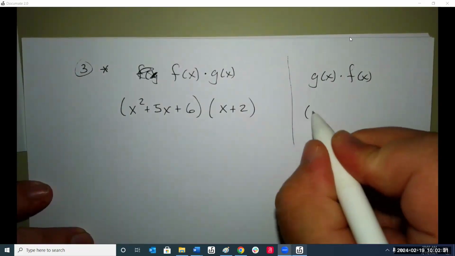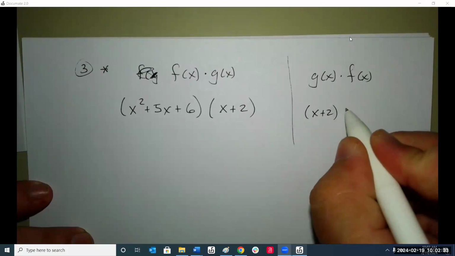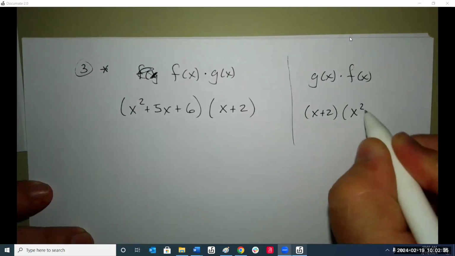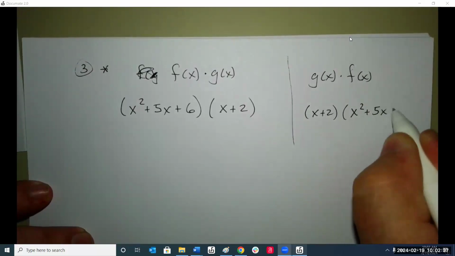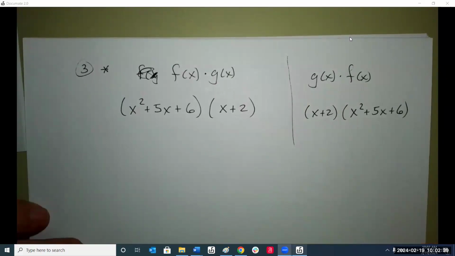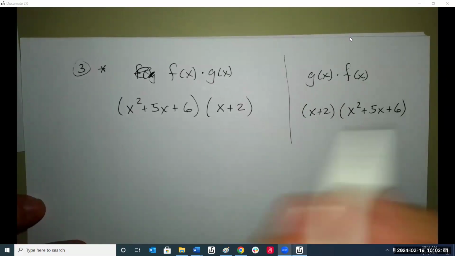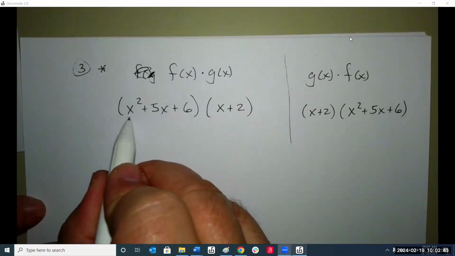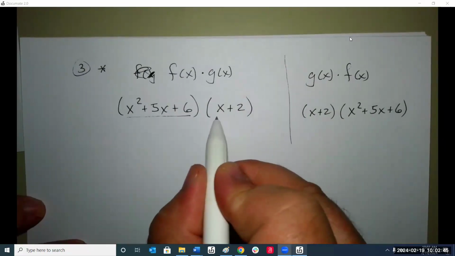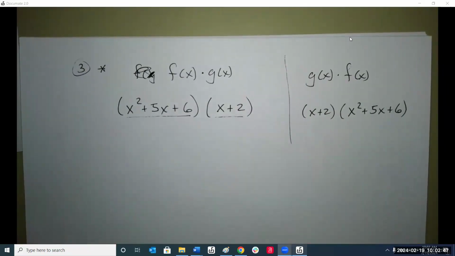And this is going to be x plus 2 times x squared plus 5x plus 6. So what we have to do here is everything in the first parenthesis has to multiply to everything in the second.